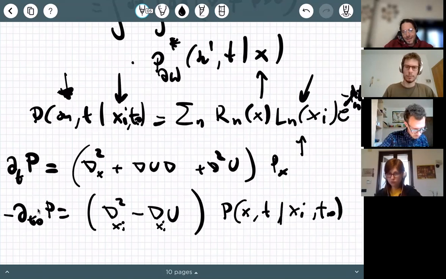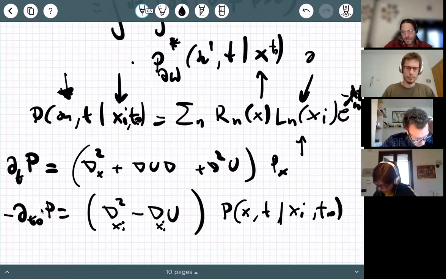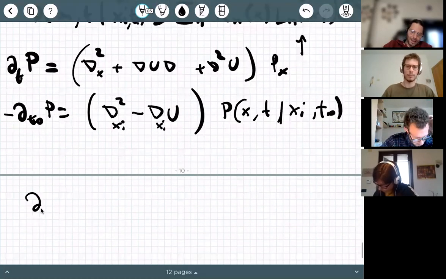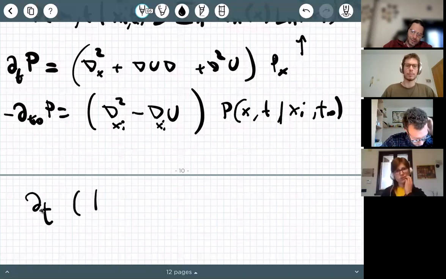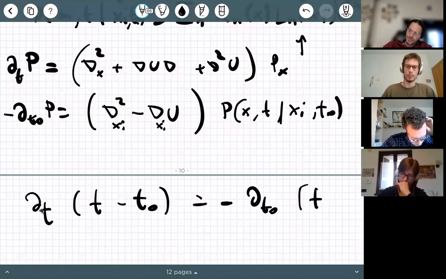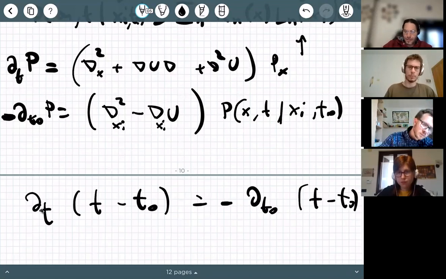So when you act with the time derivative, you can think about the time derivative being over the time interval, t minus t naught. There's a relative time. So in other words, d by dt of t minus t naught is equal to negative d by dt naught of t minus t naught, right? So that's why there's a negative sign here. And everything else is the fact that you get a backward Kolmogorov for the left eigenstates.